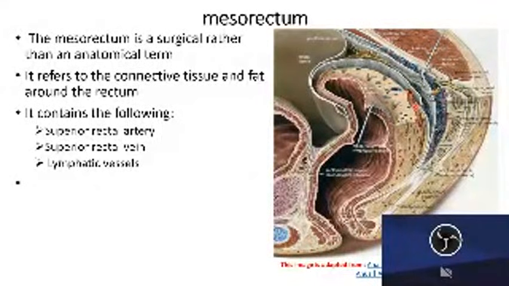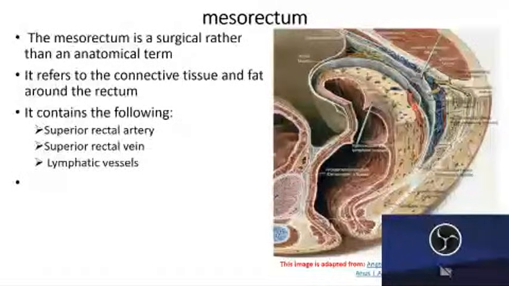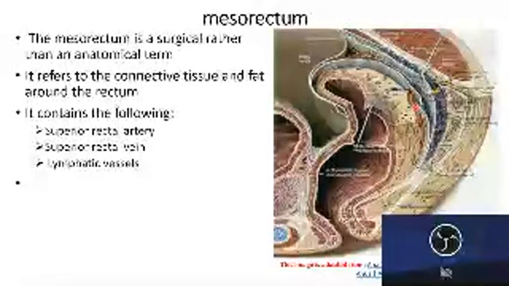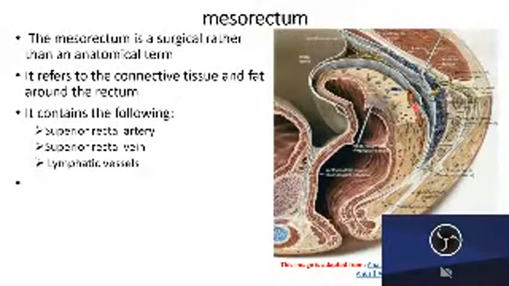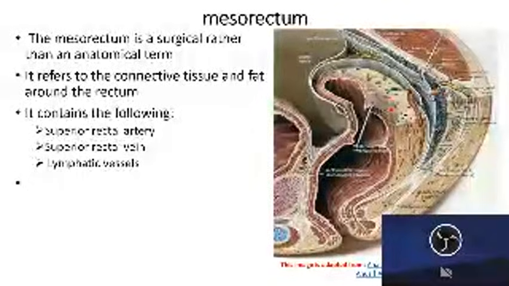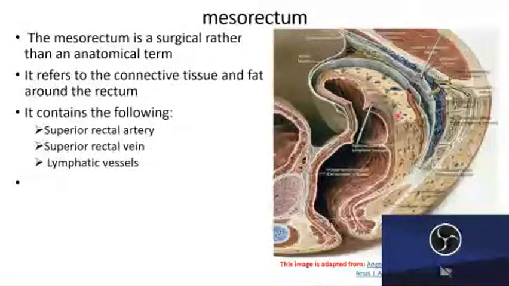On entering, it divides into two main branches, and each of them runs on the rectum within the mesorectal fascia, within the mesorectum, and they give rise to various branches that will supply the rectum.